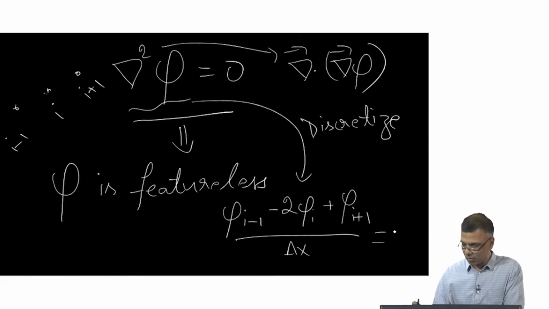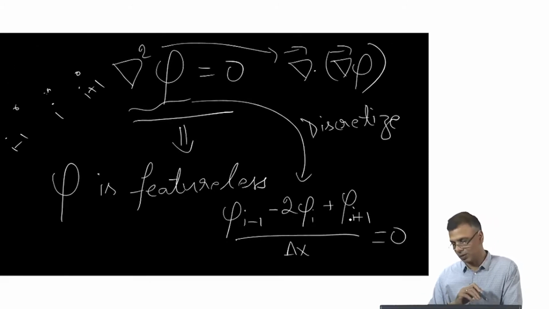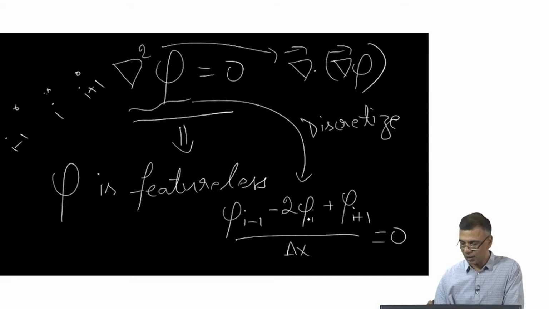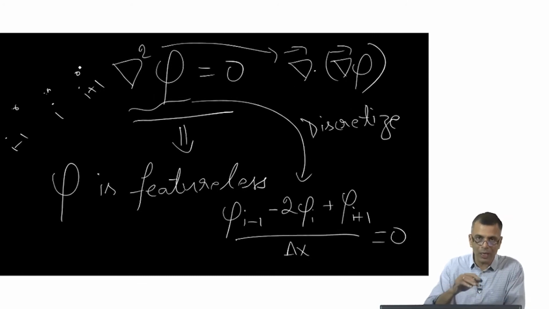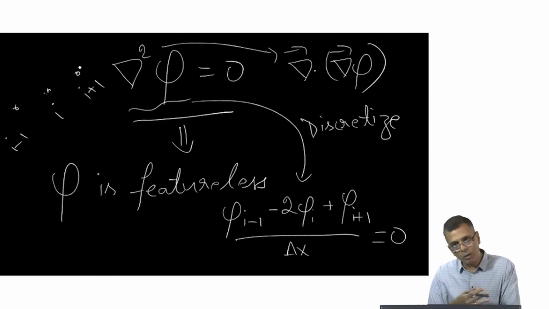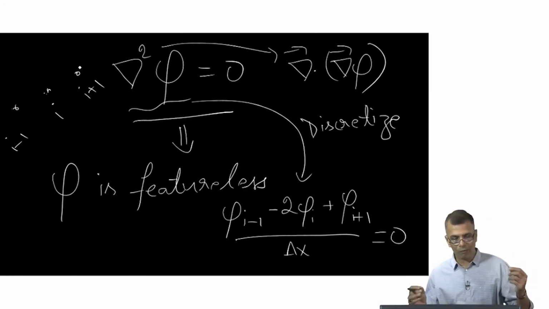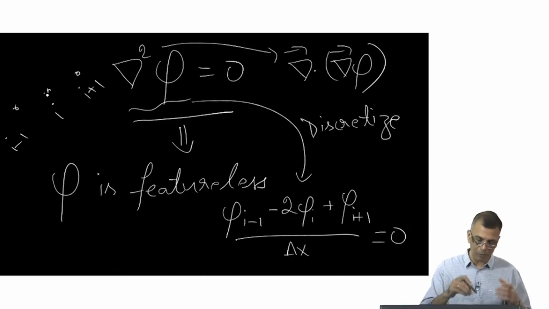If this is equal to 0, the numerator has to be 0, so phi I is the average of this and that. If there's a peak and a valley, this process averages over the peak and the valley and gives an average value at the middle.